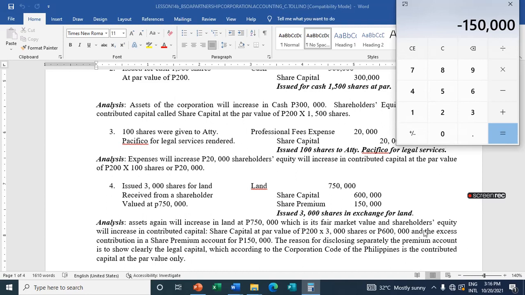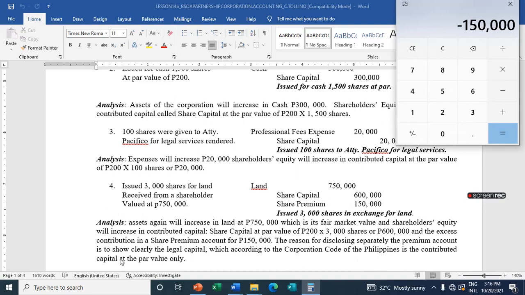Shareholders' equity will increase in contributed capital, share capital of 600,000, and the excess contribution goes to the share premium account for 150,000. The reason for disclosing the premium account separately is to show clearly the legal capital of the corporation, according to the Corporation Code of the Philippines.